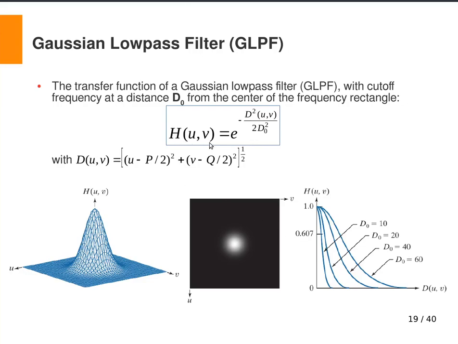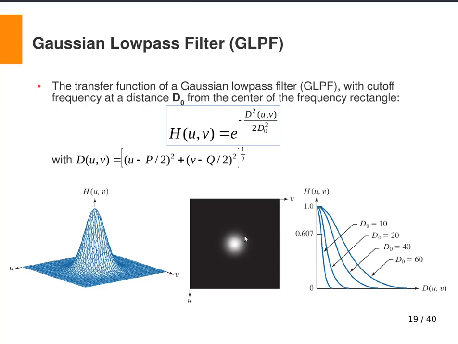So H of u and v is e to the power negative D squared of u and v over 2 d0 squared. As before, the function D of u and v is defined in this form. It basically measures the distance between the origin of the frequency domain and any given point.